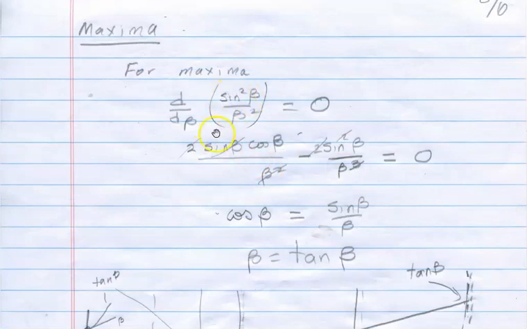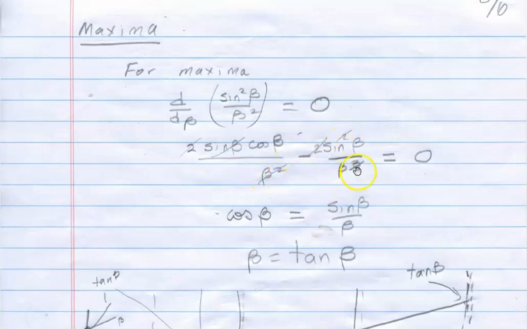The derivative of the numerator is 2 sine beta cosine beta over beta squared, plus sine squared beta times the derivative of 1 over beta squared, which is minus 2 over beta cubed. So we get that, and we get some cancellation. The 2's will divide out. I get a sine here that will cancel one of these, so I'm still left with a sine.